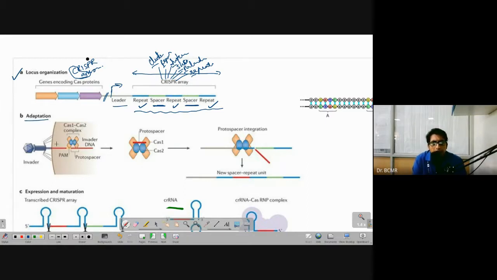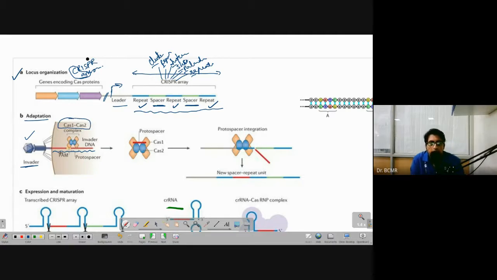The second step is adaptation. So in the first instance of an invader, like we said, lambda phage, for example, has infected the bacterium and injected its DNA into the cell. There are two proteins called Cas1 and Cas2.